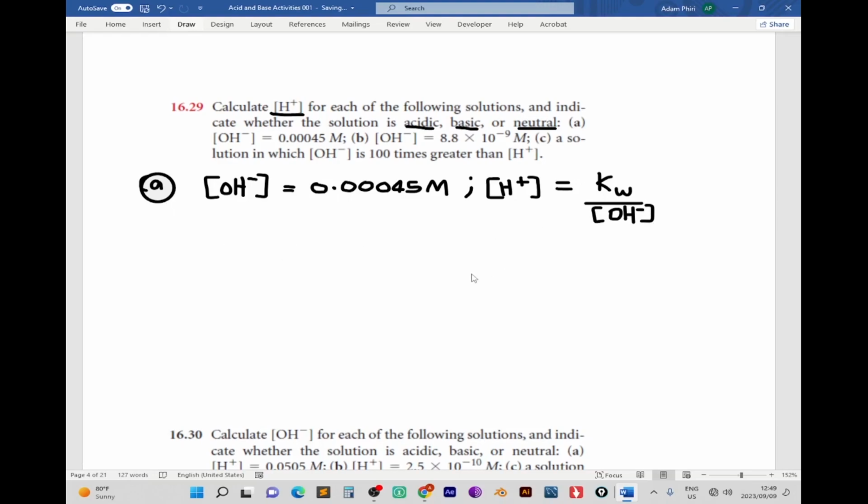That will give us the concentration of acid, where Kw is 1.0 multiplied by 10 to the power negative 14.